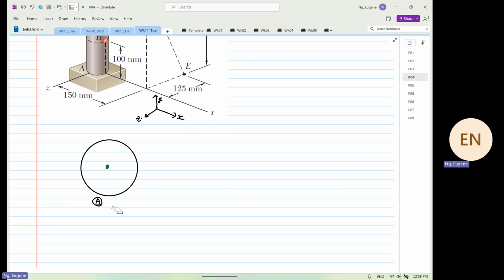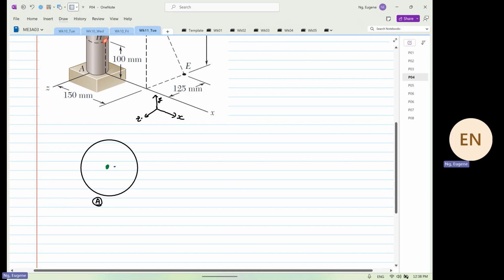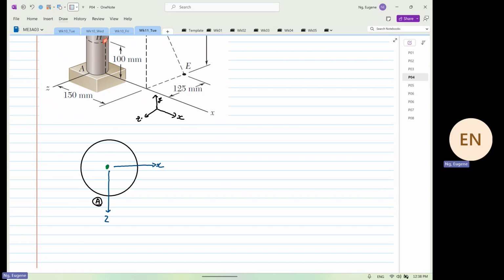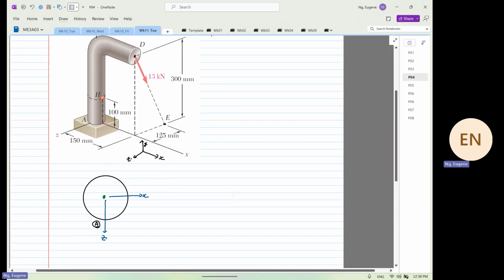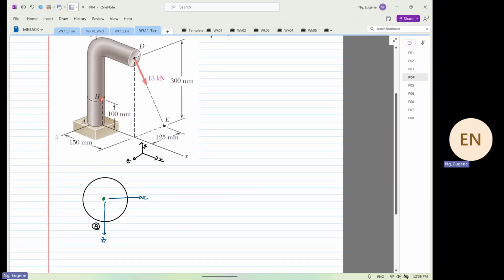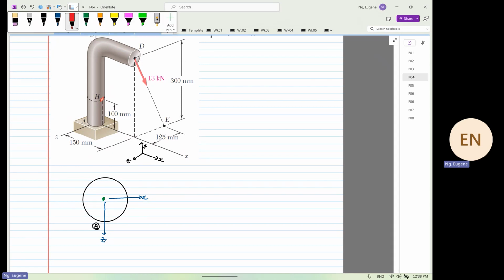Before I go on, I will sketch out the transformation. So this will be our X, and this position over here will be our Z. Now this is relative to the transformation that we see on the diagram. Then we are going to position 4 different elements.